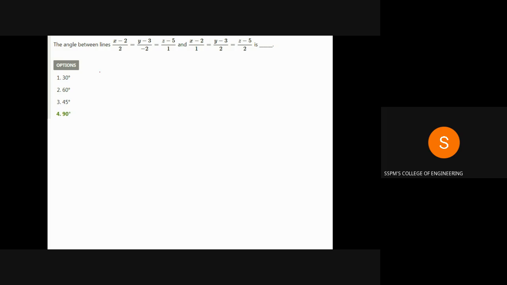Suppose the equations of lines are given by (x minus x1)/a1 = (y minus y1)/b1 = (z minus z1)/c1, which is the first line, and the second one is (x minus x2)/a2 = (y minus y2)/b2 = (z minus z2)/c2.